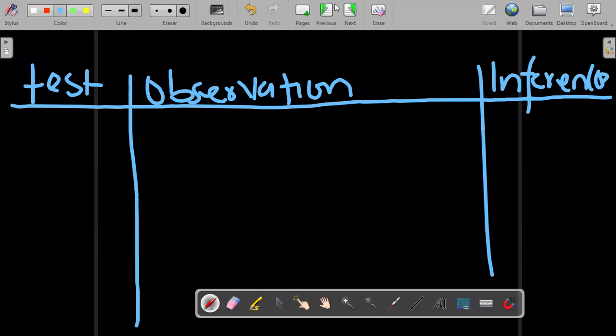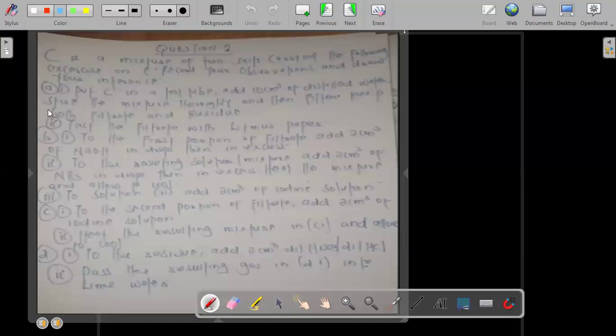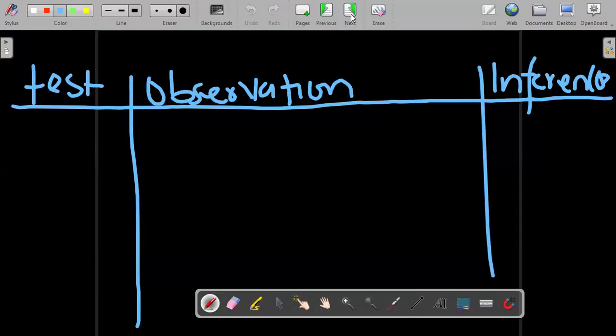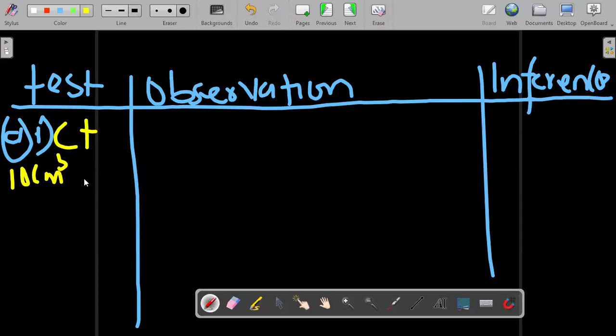Now, let's go back to the question. You see that question, A Roman figure 1. It must not be A Roman figure 1; the question tomorrow can be just A. This is just what I came up with, but this is how the question will look. So I will write A, Roman figure 1. I will now say C plus 10 cm cube distilled water. This is how you write it. You put a full stop.